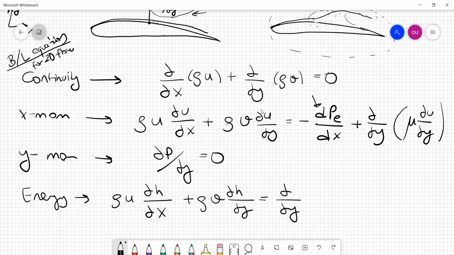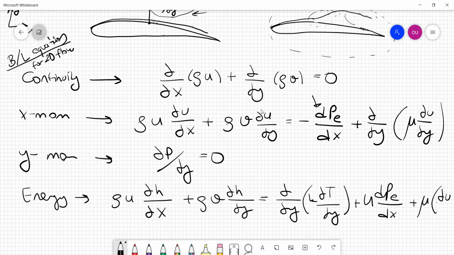And on the right-hand side, we have heat fluxes and pressure work, and also viscous work. And we have right now 4 equations, but we indeed have more than 4 unknowns.